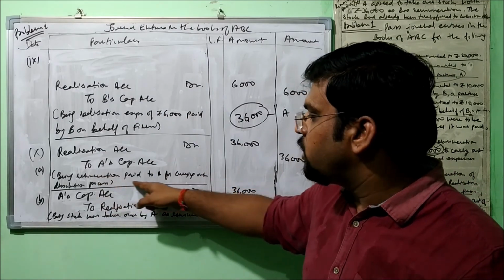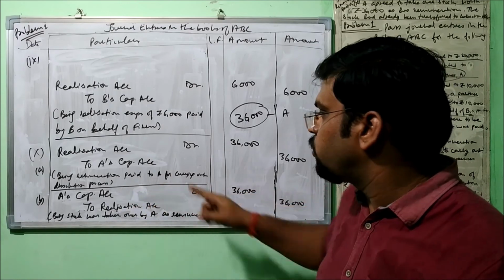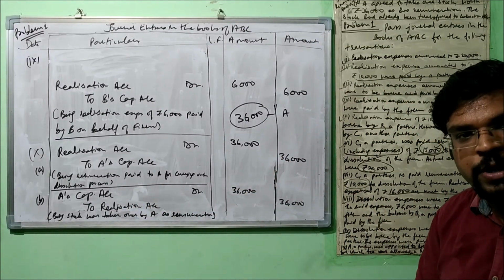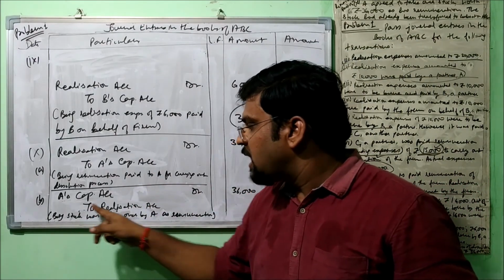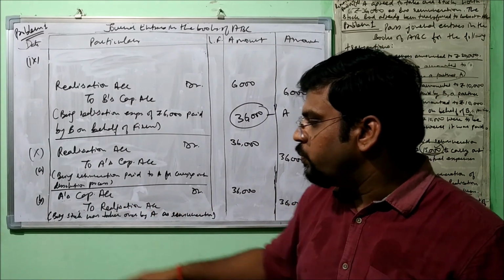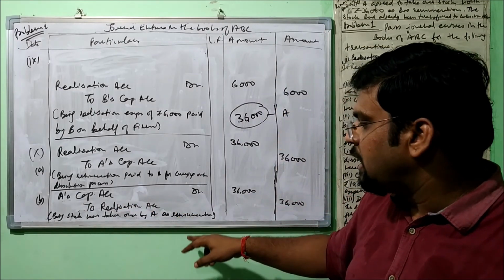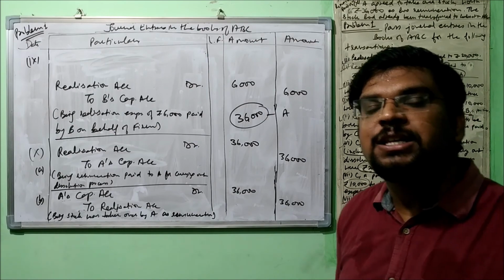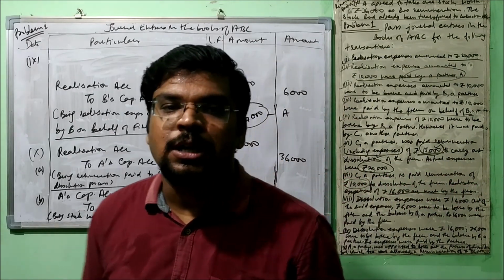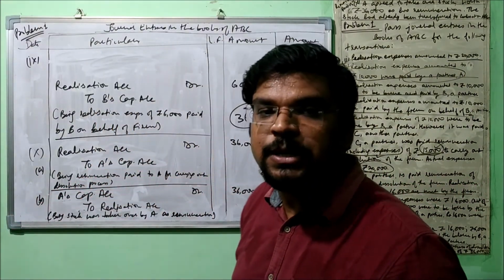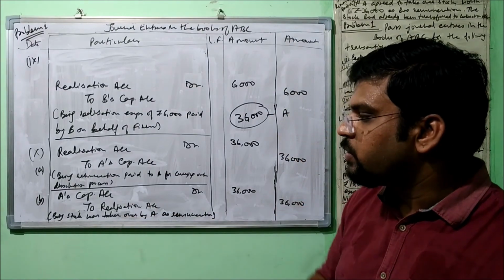Being remuneration paid to A for carrying out dissolution process, 36,000. Another entry, A's capital account debit to realization account, being stock was taken over by A as remuneration. Whenever any asset is taken over by any partner, then partner's capital account is debited to realization account. The same entry is passed here.